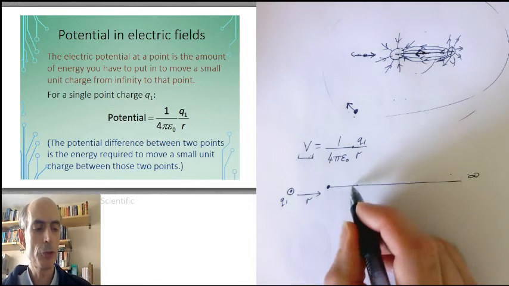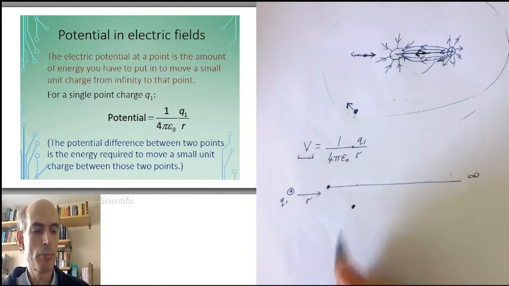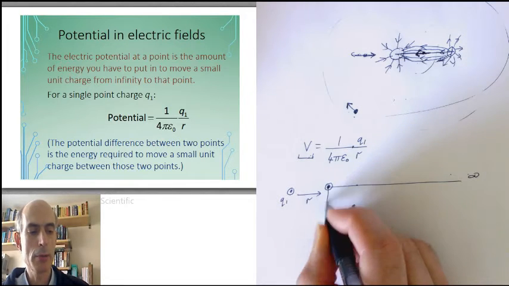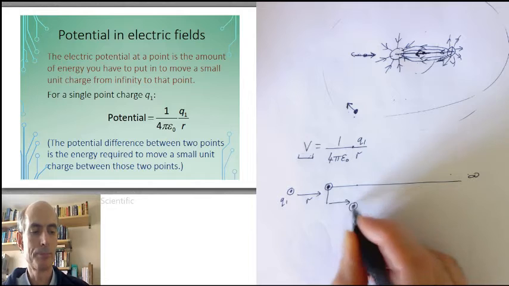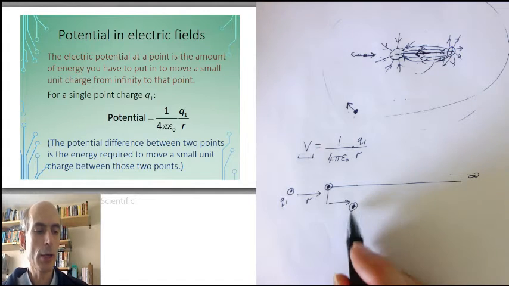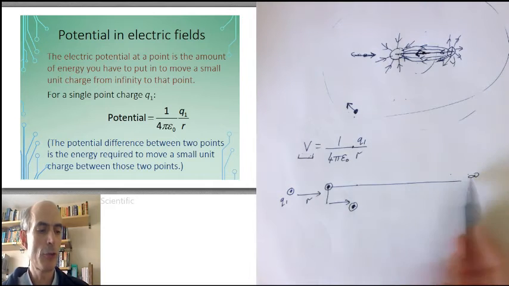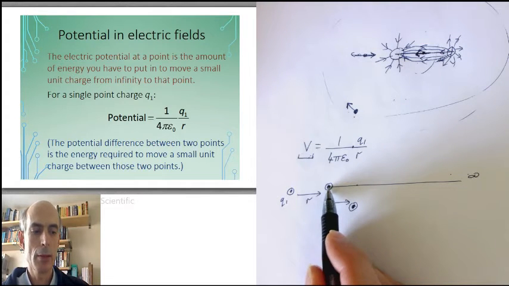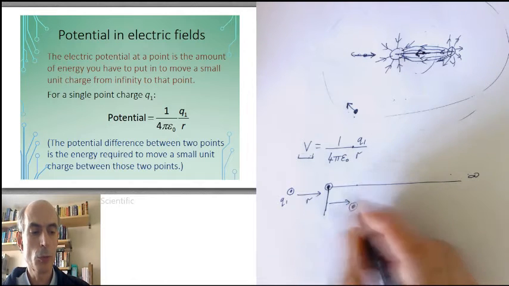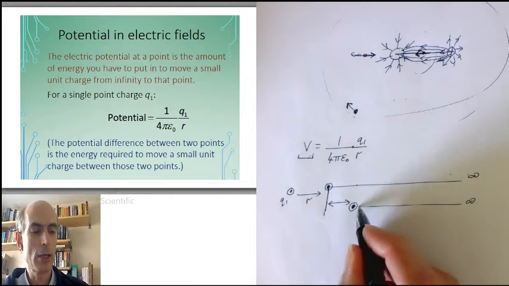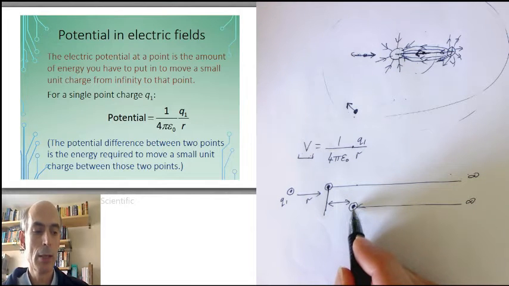Now, supposing I wanted to know the energy I needed to move this unit charge from here to here. I could work out the total amount of energy that I needed to get from infinity to this point here, and that would be the potential at this point here. And I could work out the total amount of energy I needed to get from infinity to this point here, and that would be the potential at this point here.